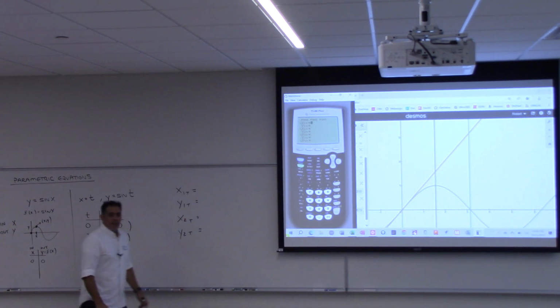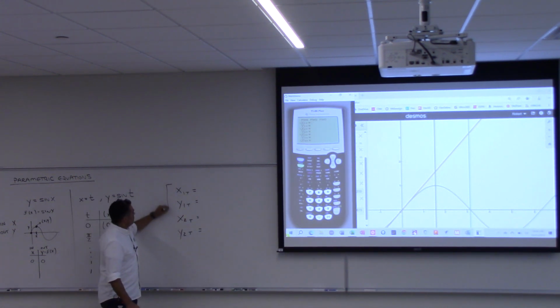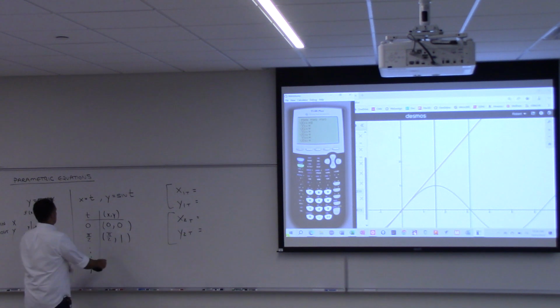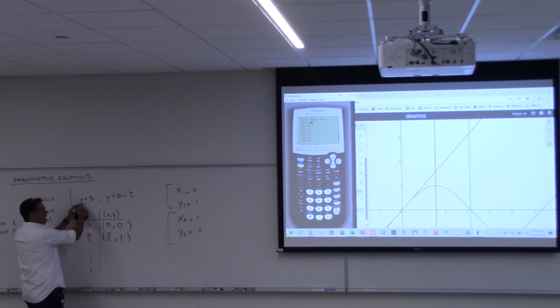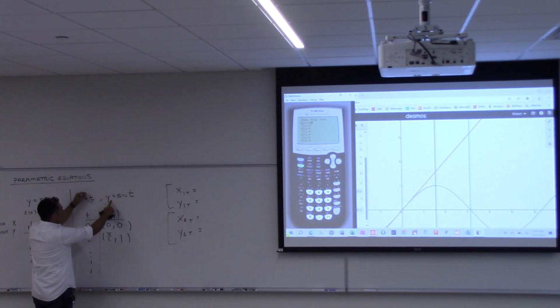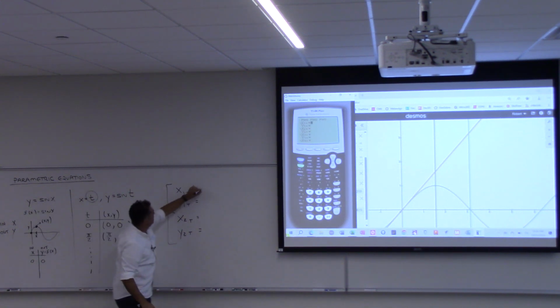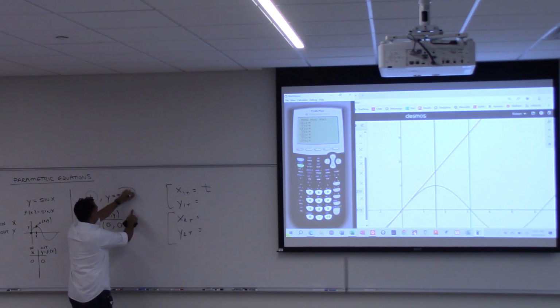These are pairs. This is your x1, y1. So what I need to tell the calculator is I want this to be t, and I want this to be sine t.